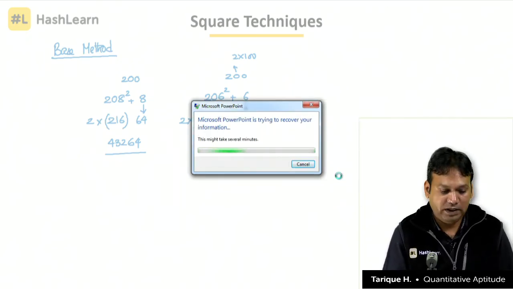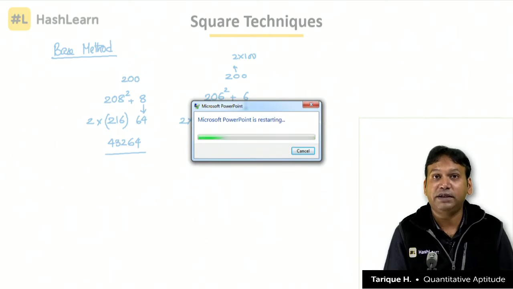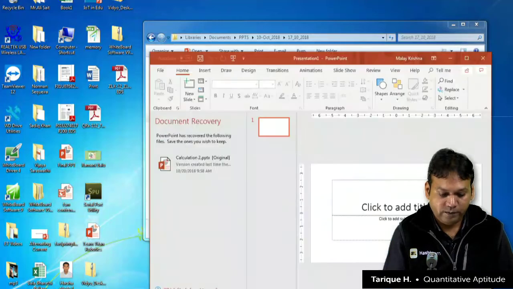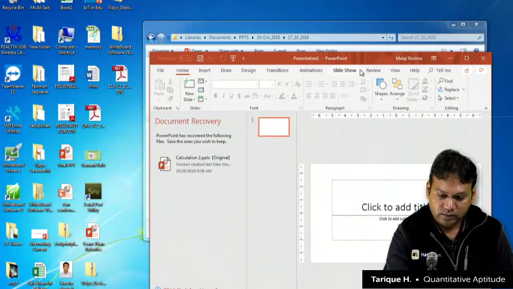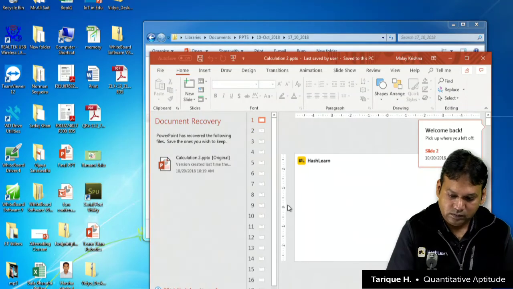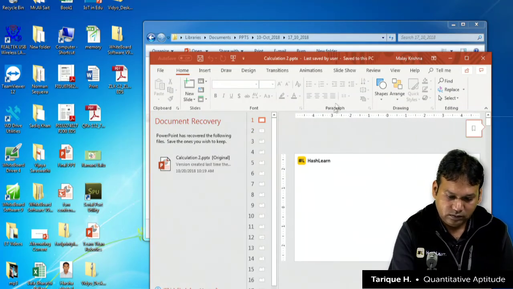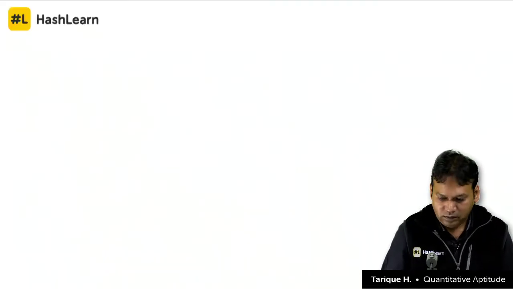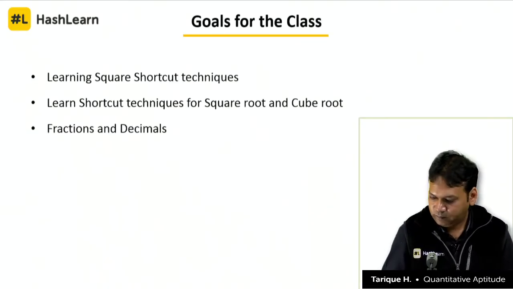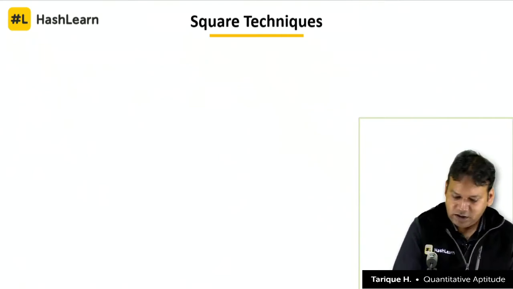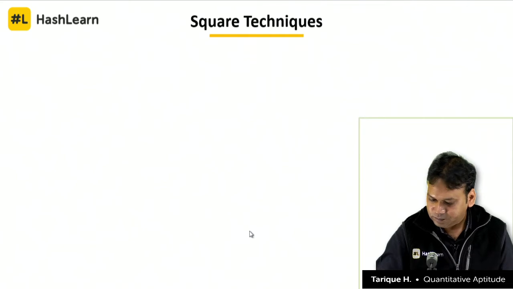continue from the same place, the base method for numbers other than base of 100. So if it is 200 or 300, what do we do? Okay, so let us see.